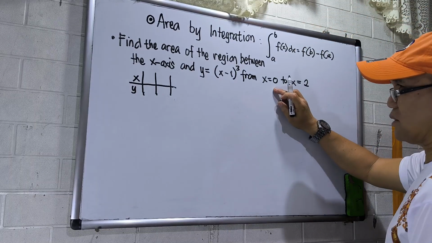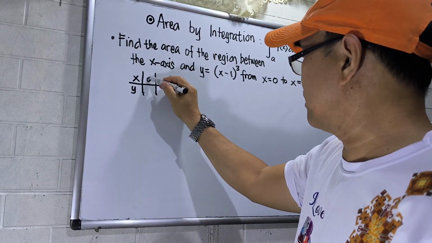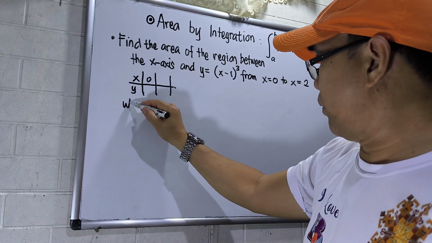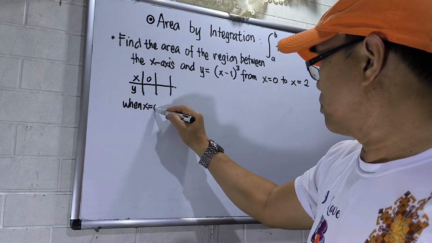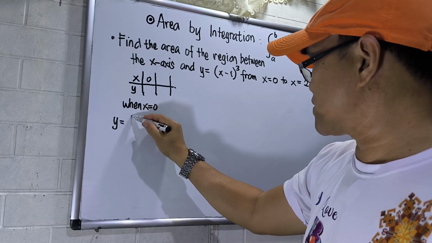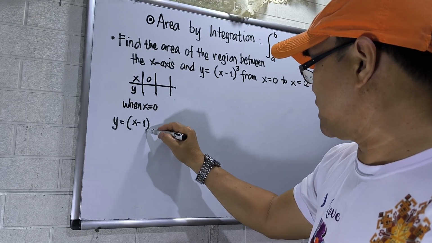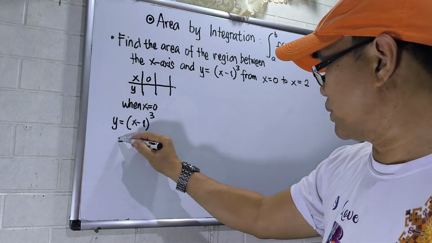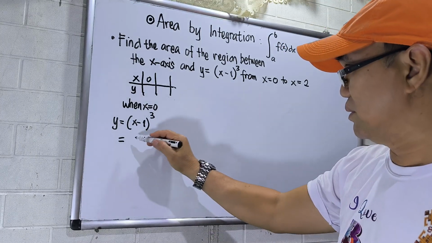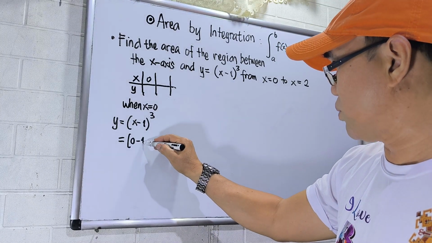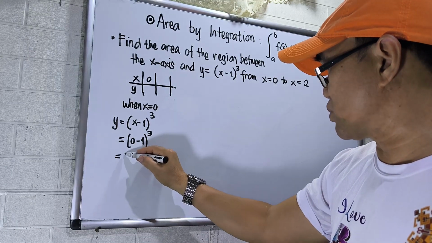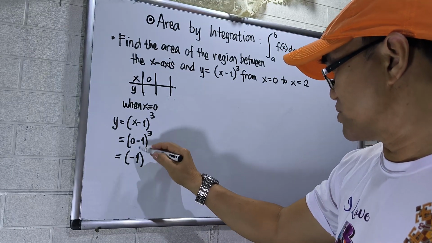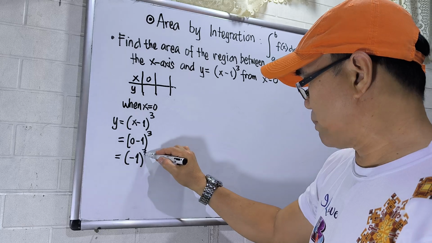So as what I said, we have to start from 0. When x is 0, y equals (x minus 1) to the power of 3. So we just plug in the value, which is 0. x is 0, so 0 minus 1 to the power of 3. This will be negative 1 raised to the power of 3.